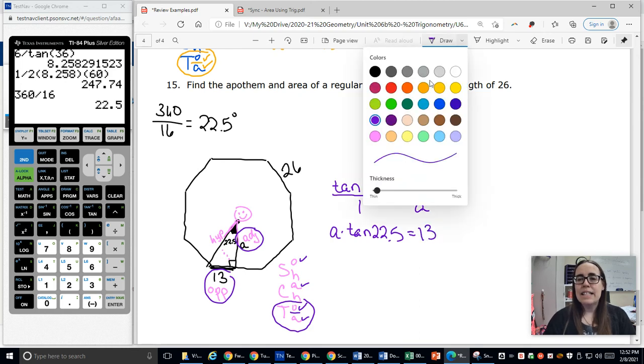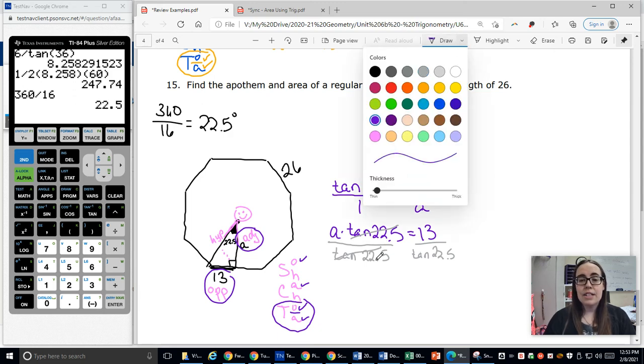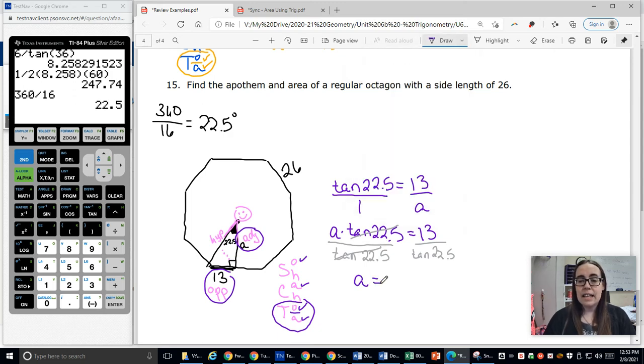And then I know I need to divide out that tangent so I can get A all by itself. So I'm going to divide both sides by the tangent of 22.5, so that it cancels out on the left-hand side. And I just have A equals 13 divided by the tangent of 22.5.